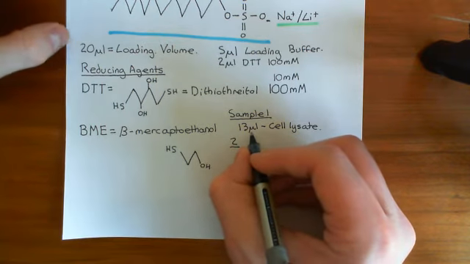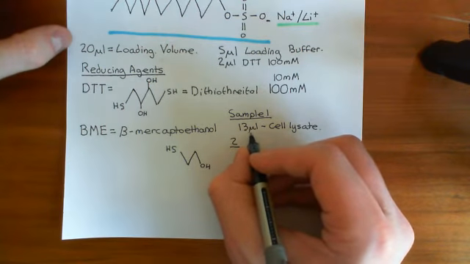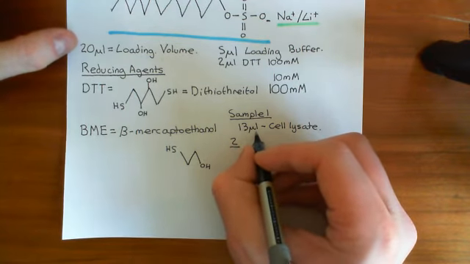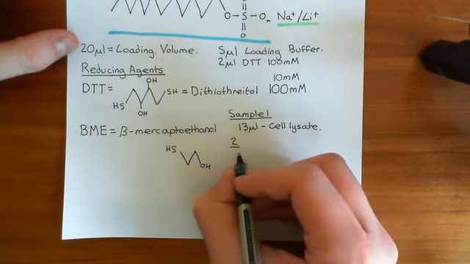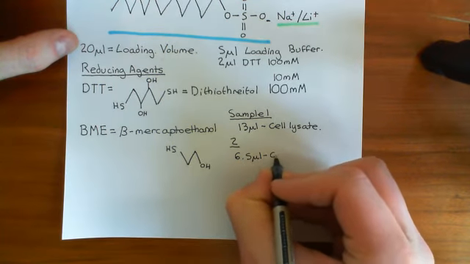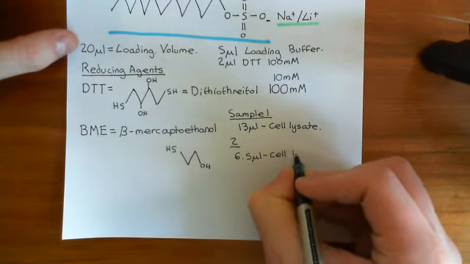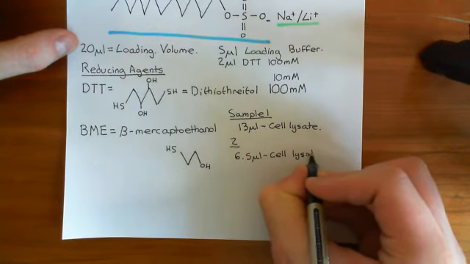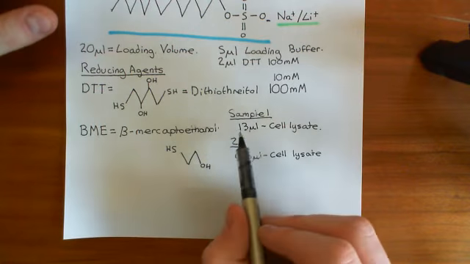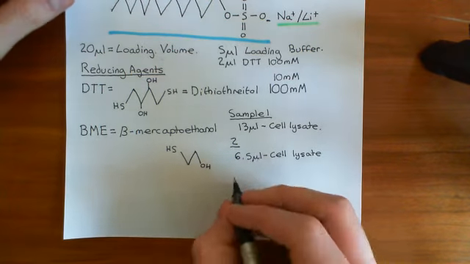So if I add half as much protein, then my concentration of the protein will be a half of what it originally was. So we would add 6.5 microliters of cell lysate to sample 2, and of course that means we're adding half as much protein, so the concentration of protein in my final 20 microliters of sample 2 will be half of what it was in sample 1.